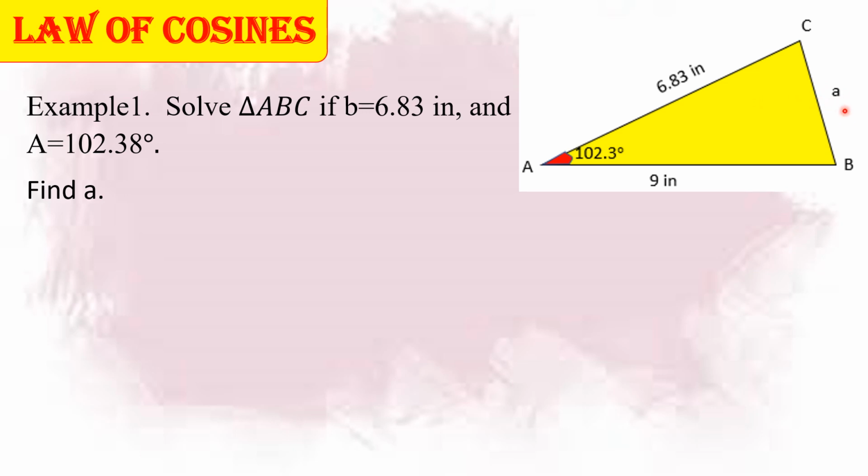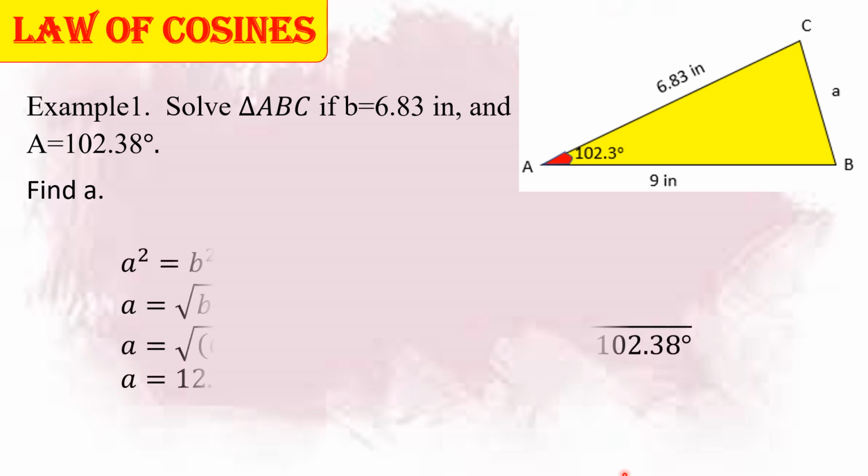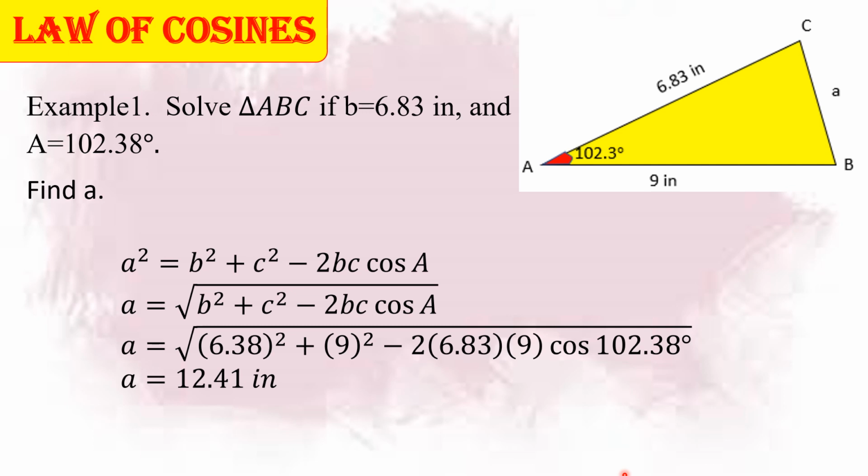Okay, we will be using the law of cosines. So, the formula would become A squared is equal to what? B squared plus C squared minus 2BC times cosine A. So, this is it. When we are looking for the side, that is what we will use.